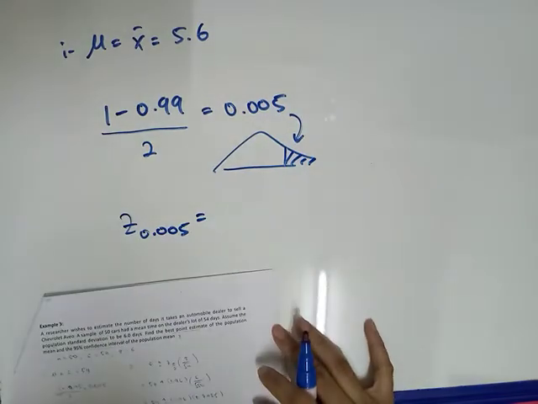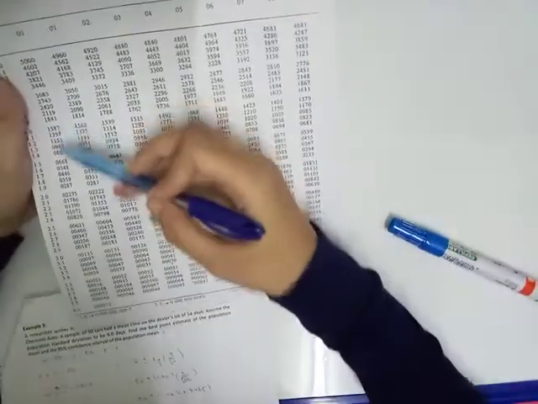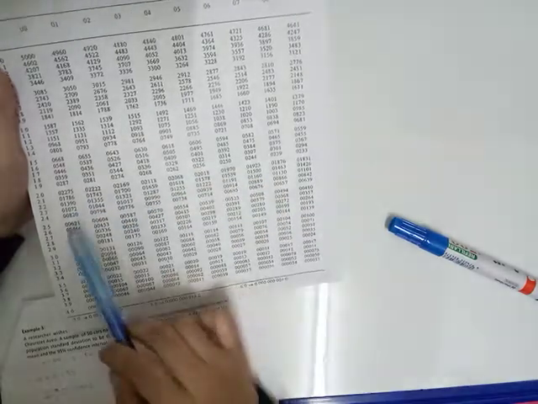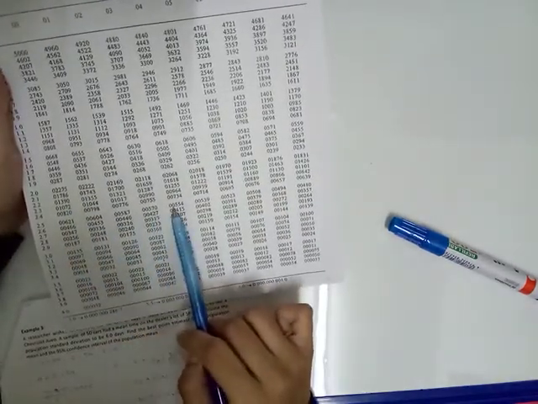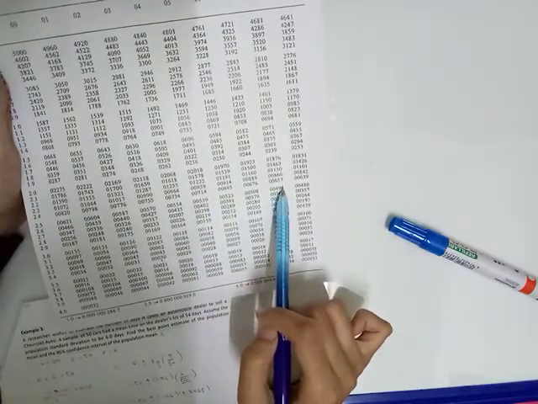So we need to find the Z value for the area 0.005. Okay, so using your statistics table, 0.005. See this one here. Take the closest one.